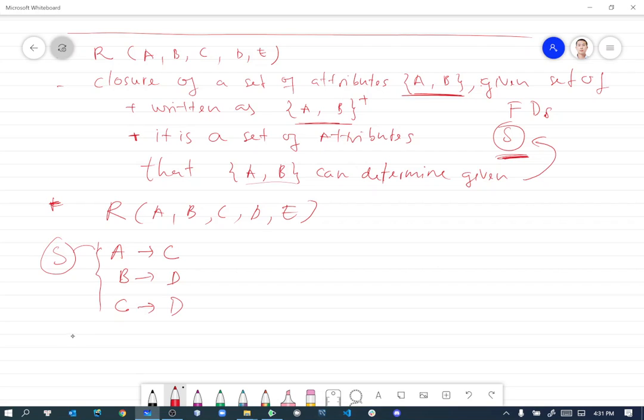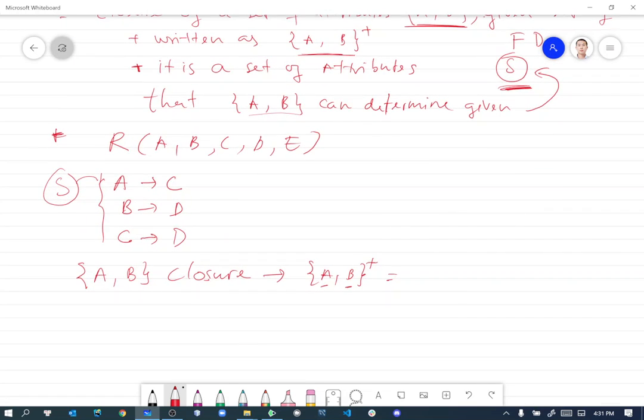Then I want to find the closure of A and B. It means AB+, the set of attributes that A and B can determine. First, AB can determine A and AB can determine B. A can determine C, so you add the C in.